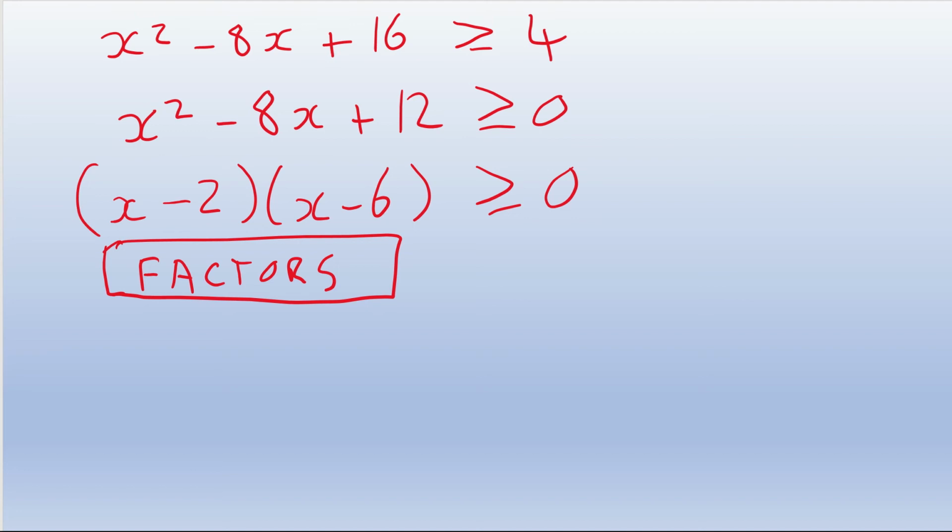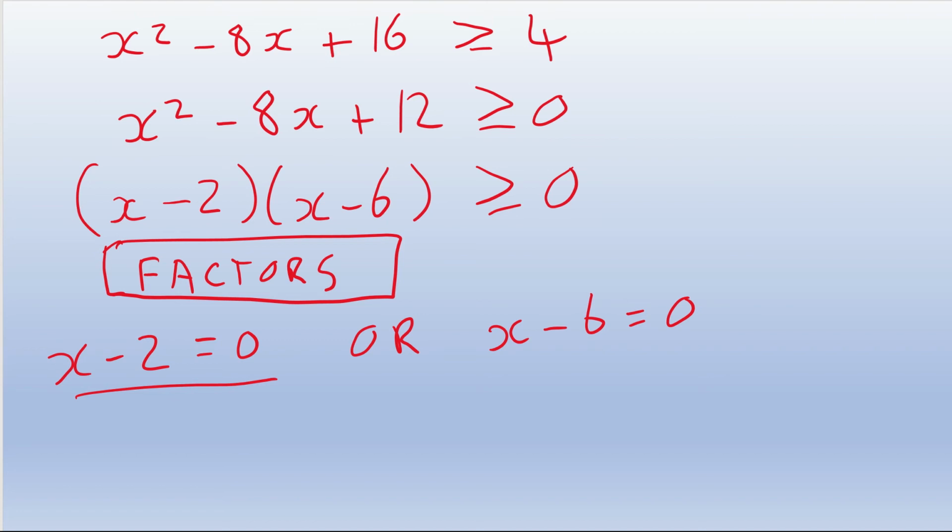So for my roots, I'm going to take one of my factors, let it equal 0, or the other factor, x minus 6, is equal to 0. For this one here, if I add 2 to both sides, I'm going to get x is equal to 2. And for this one over here, I'm going to get x minus 6 is equal to 0. If I add 6 to both sides, I'm going to get x is equal to 6.